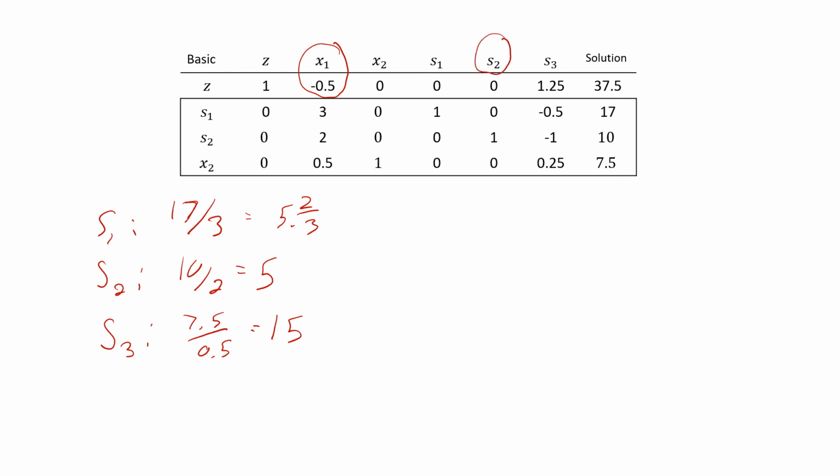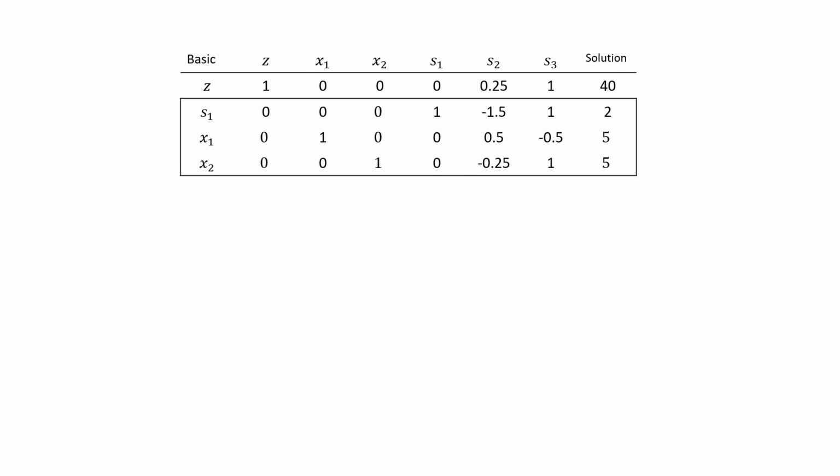So again, we do the same thing. Here is our pivot column. Here is our pivot row. We swap everything out, and I'm not going to go through all of the details of the calculations, but at the end, after you do the calculations, you get this, where your S1, X1, and X2 are your basic variables.